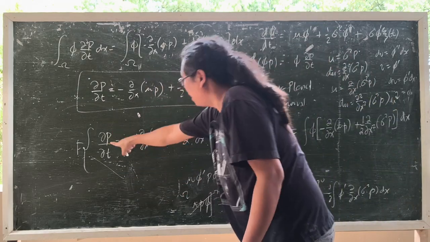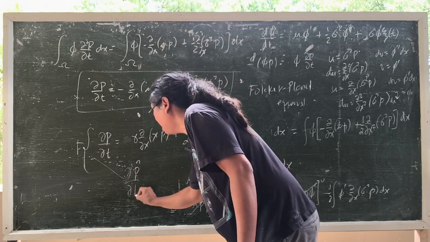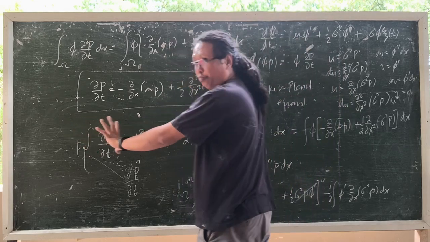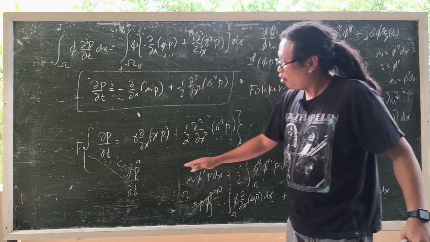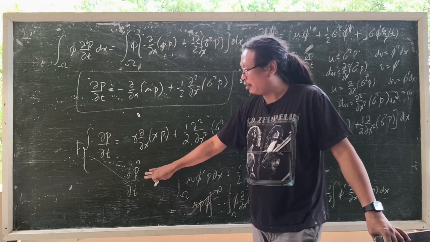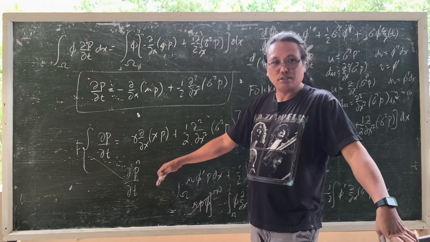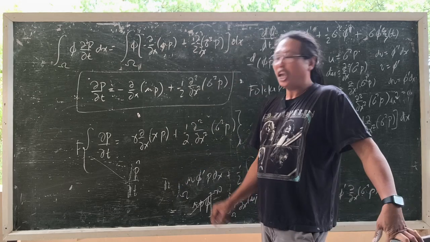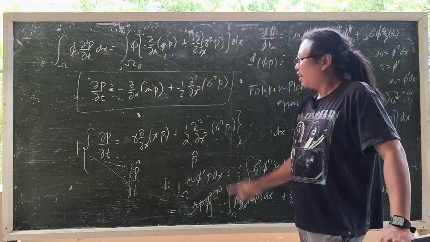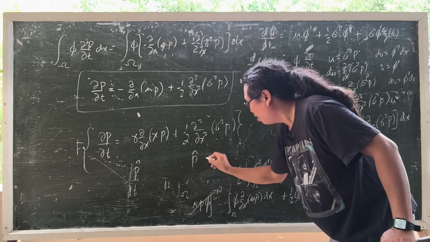So our equation would be in terms of partial P hat over partial t in the Fourier transform space. This is a quiz, and you will achieve the solution for P hat.